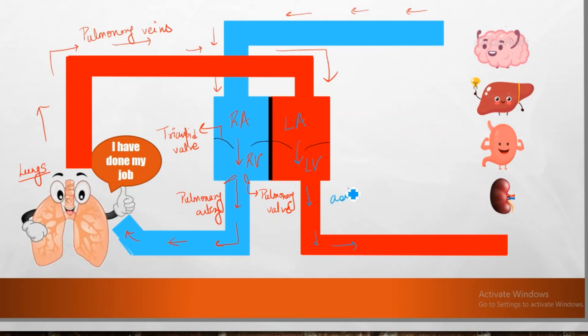The opening of the aorta is guarded by a valve called the aortic valve. Here also, between the left atrium and the left ventricle, the mitral valve is present. So the aorta will carry this oxygenated blood to each and every organ of the body, and finally, the deoxygenated blood will be taken up by these channels back to the heart again.